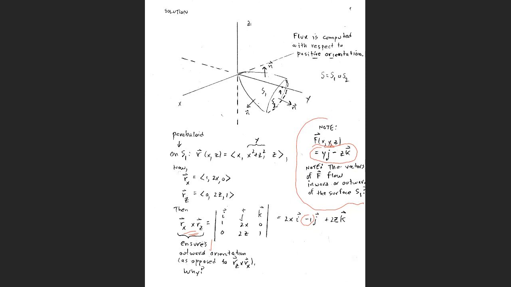Well, the surface S1, let me write down that vector field again. Vector field F of x, y, and z is equal to yj minus zk, right?